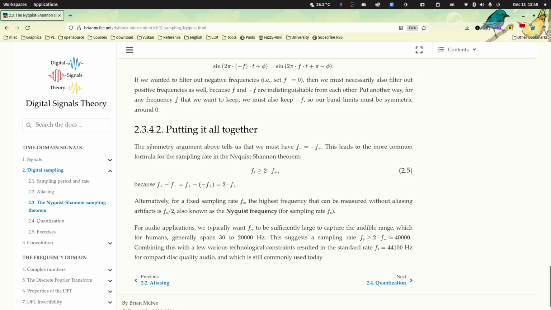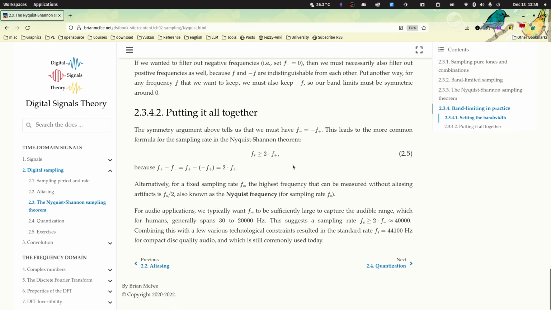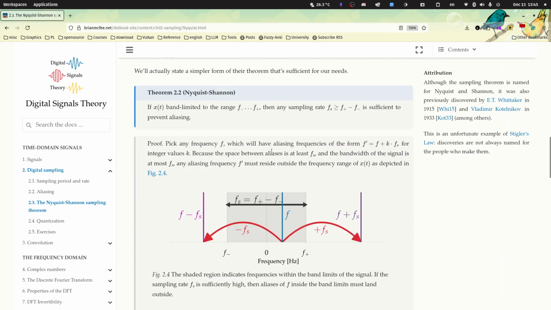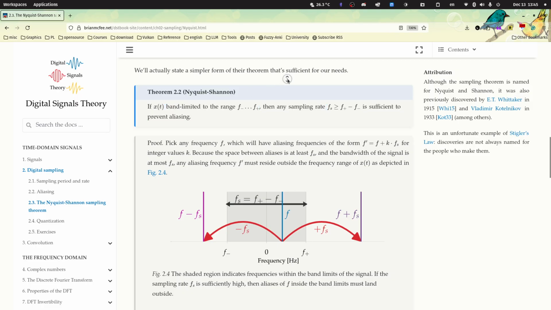This symmetry argument tells us that we must have f minus equal to minus f plus, and that's why in more common sources they use 2 times f plus rather than just having this definition.